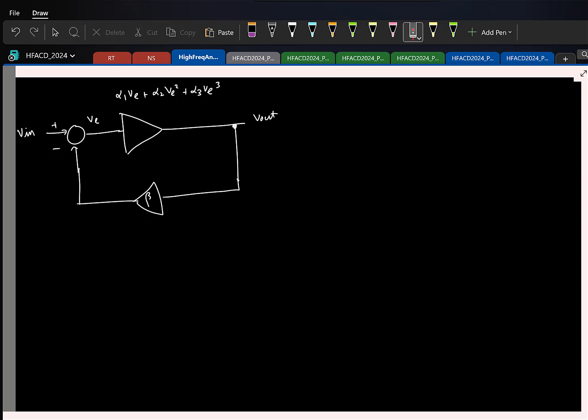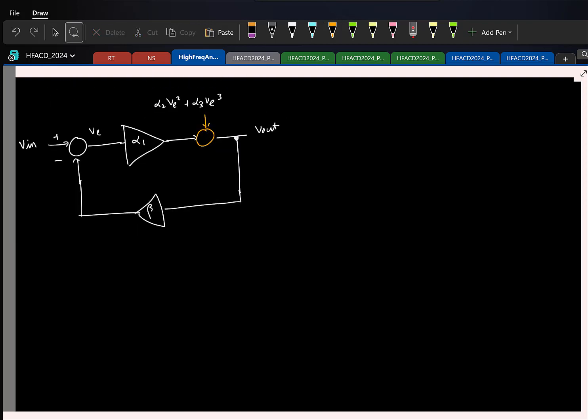Again, the first step is you take this nonlinear block and assume that it's linear. So I'll assume that this is only a linear block with alpha 1, which means the remaining terms must come from another input. I'll assume that we are having another input, let us say that is some xi.